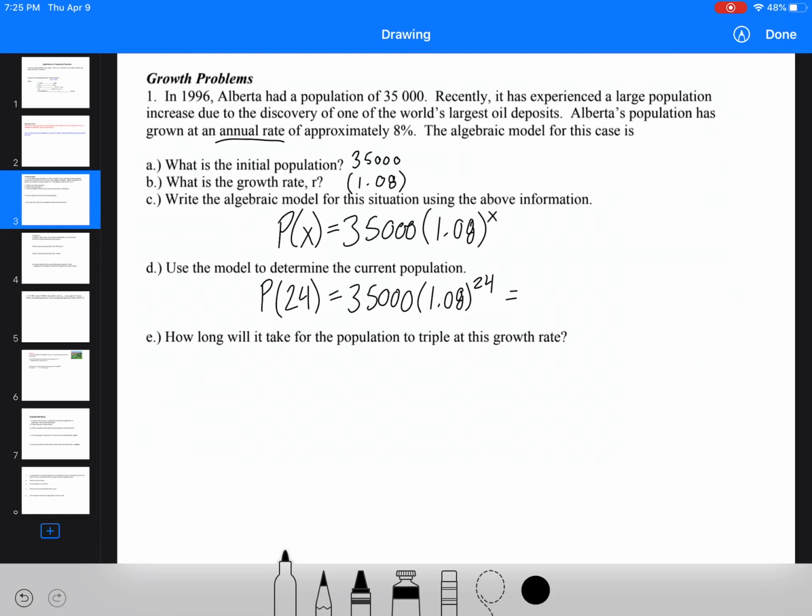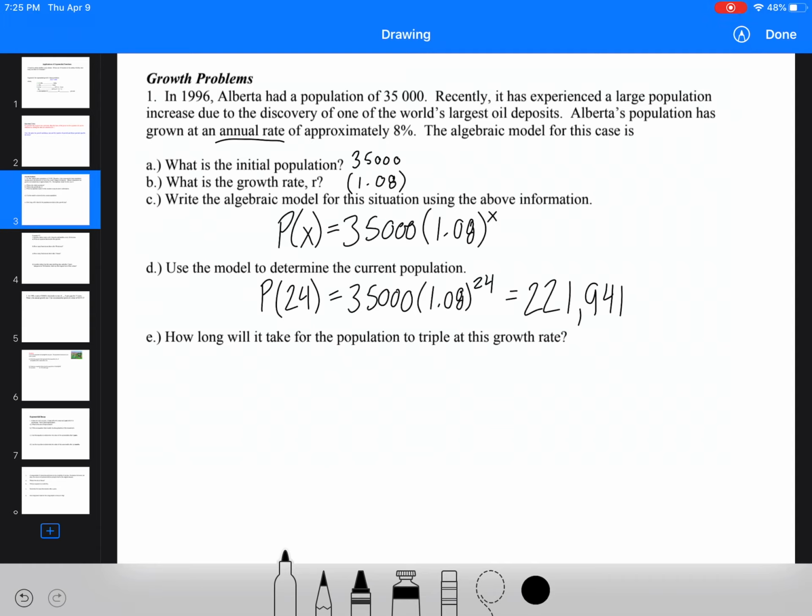If this model held true, we'd be able to use this equation. Now, sometimes models don't hold true or they break down after a while, but for all of our examples, we're just going to assume that they hold true and they don't change. So this is saying that Alberta's population now is 221,941 people.